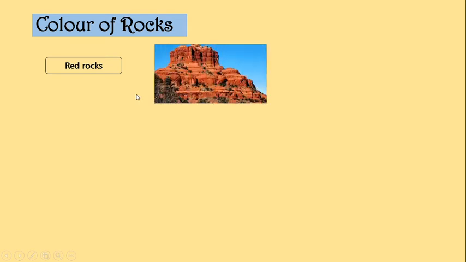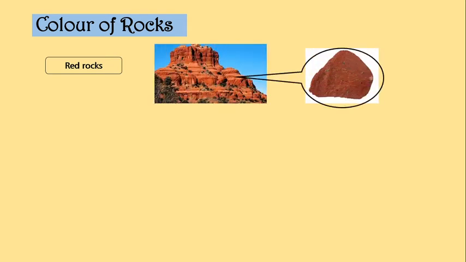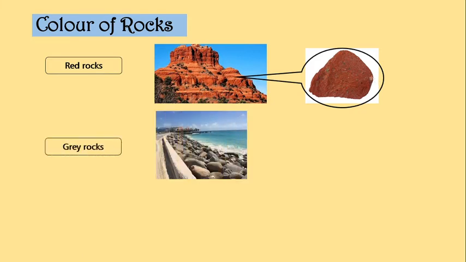First, we have red rocks. Jadi batuan-batuan yang berwarna merah. These are some examples of rocks that have red colors. Ya, jadi ini adalah contoh batu-batuan yang memiliki warna merah. And then gray colors. Yeah, gray colors. Most of gray rocks we can find on the beach.